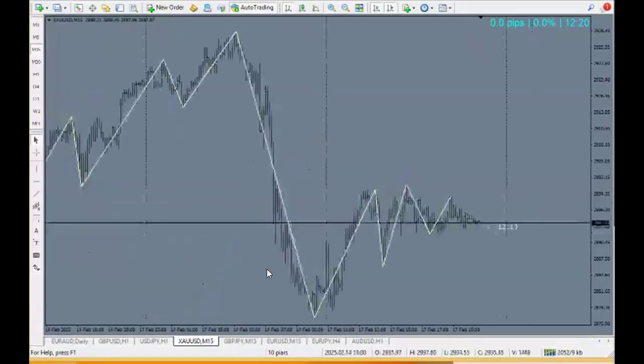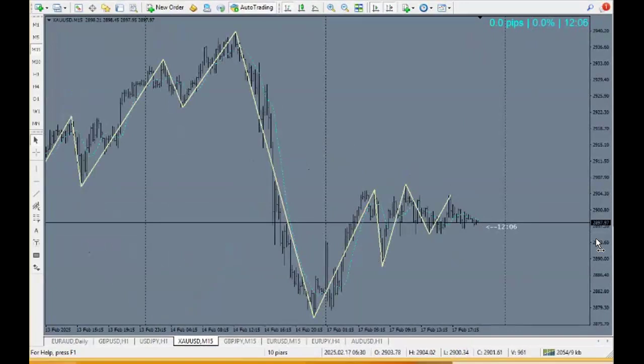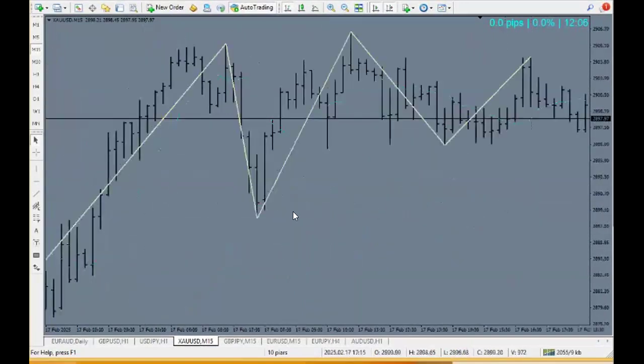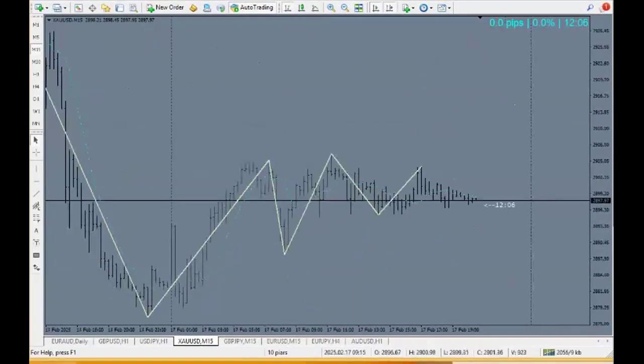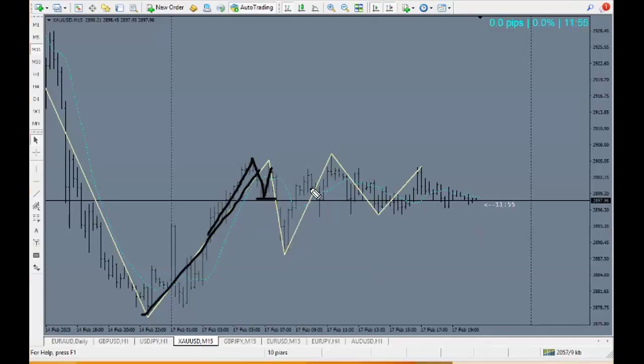But for me, I think the 453 helps me capture the turning points a bit faster. For instance, in this zone here, given that I'm trading the lower time frame, when price came up here, came down and went up, by the time it broke this level, that's a break of structure for me. But according to this zigzag, it's not yet a break of structure.